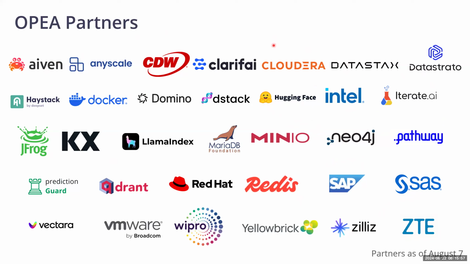To become a member of the OPEA partner is really, really simple. We need a logo of your company and a quote from your company: why do you want to join OPEA? Then you become a member, and afterwards, we will welcome you to join the technical steering committee so that we can discuss the Gen AI enterprise use case, and how to make it more secure, for example, from a security standpoint.